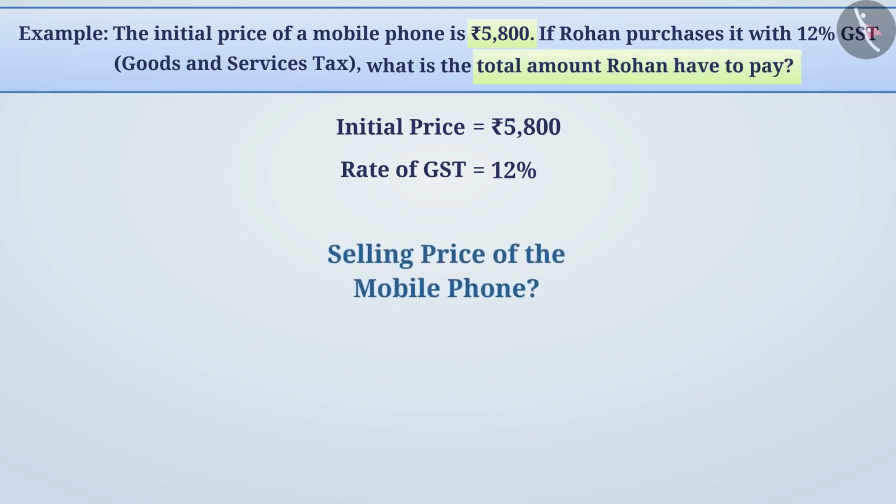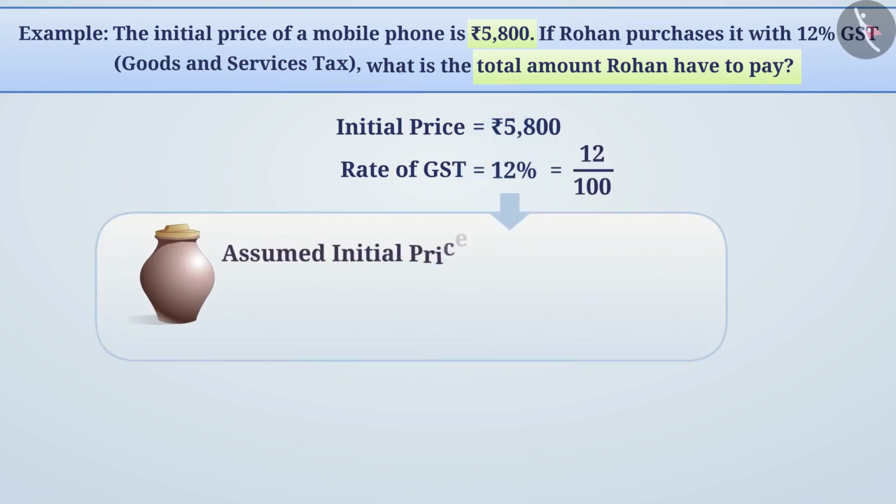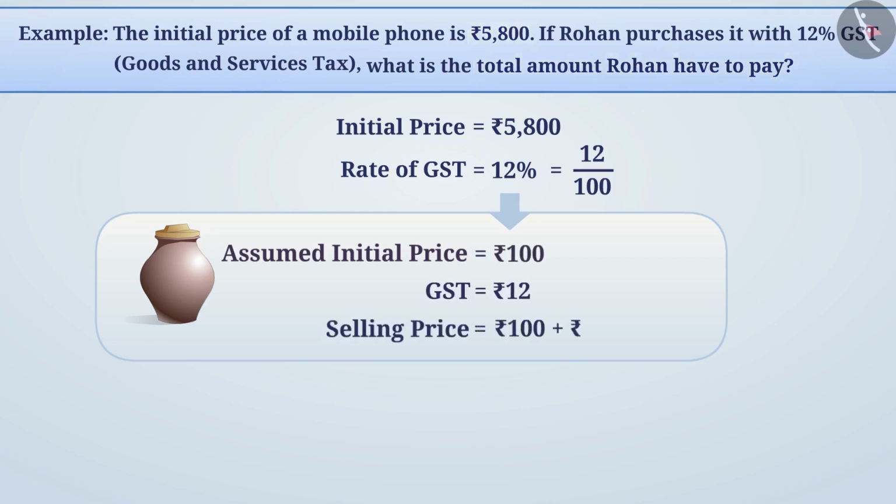We know that 12% means 12 divided by 100. That is, if we consider the initial price of the item as 100 rupees, then GST will be 12 rupees. In this way, the selling price will be 100 rupees plus 12 rupees, which is equal to 112 rupees. When the initial price is 100 rupees, then the selling price is 112 rupees.